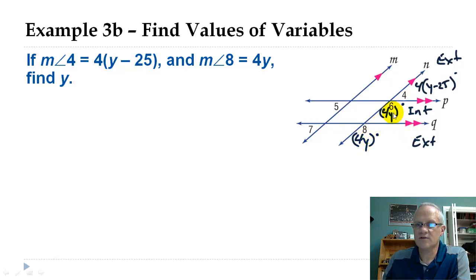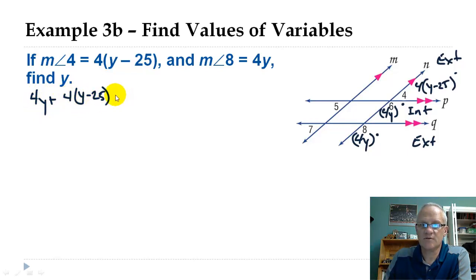So now that we know that angle 6 is 4y, and we know that angle 4 is 4 times y minus 25, these two together, hey, if you look, they're right next to each other. They make a straight line. They're a linear pair, which means they're supplementary. So if I add them together, 4y plus 4 times y minus 25, it will have to equal 180. There's my equation.